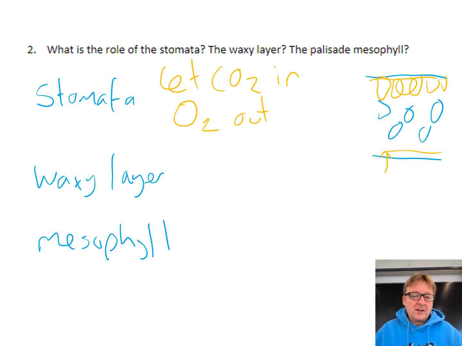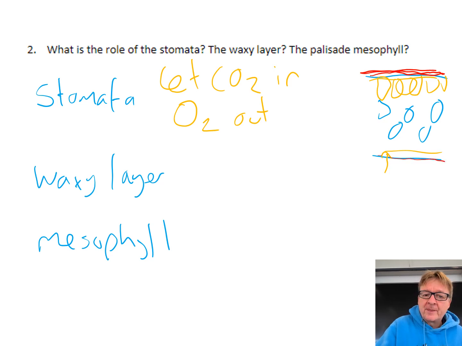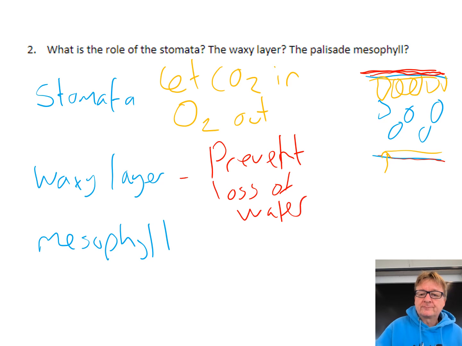The waxy layer is this layer right at the very top, that's the thicker one. There is also a thinner one on the bottom, and that is to prevent the loss of water. You would think that a waxy layer is preventing water getting in, which it does to a certain extent, but its main job is to prevent water getting out.